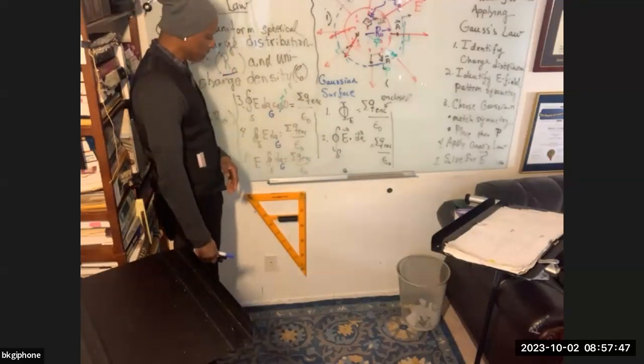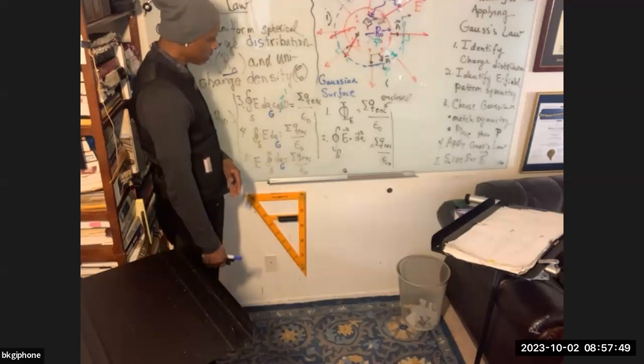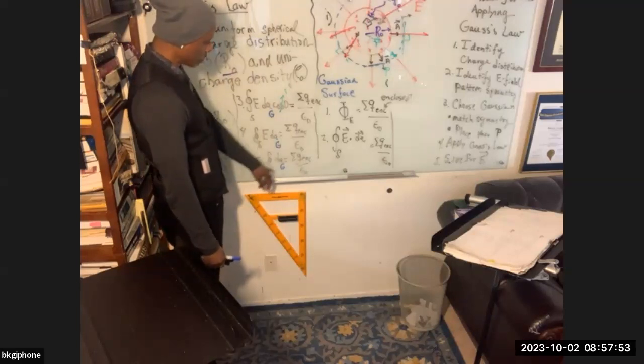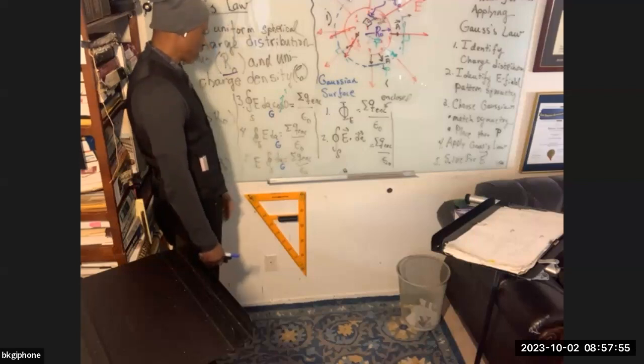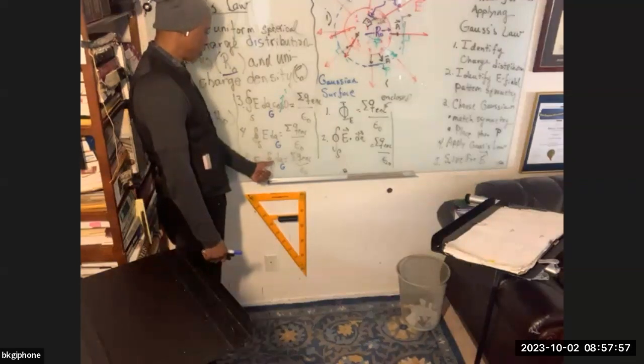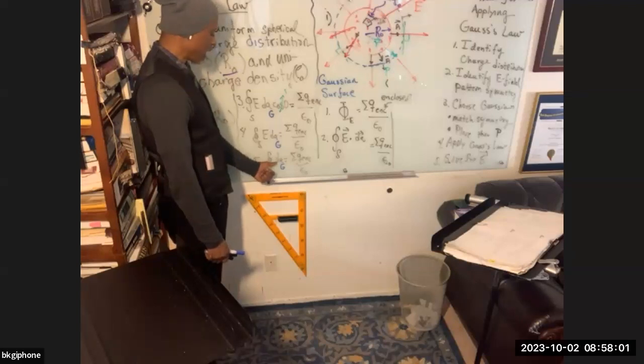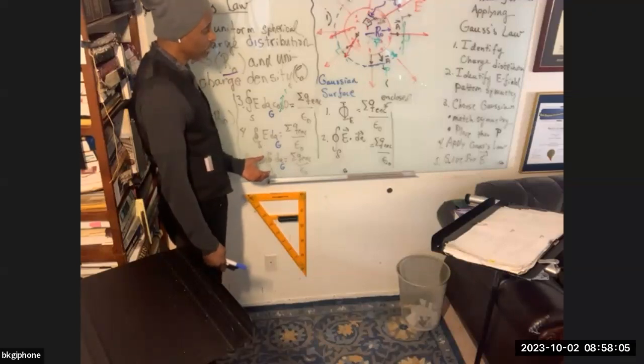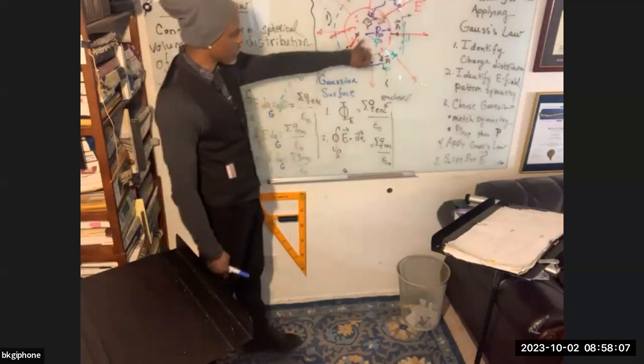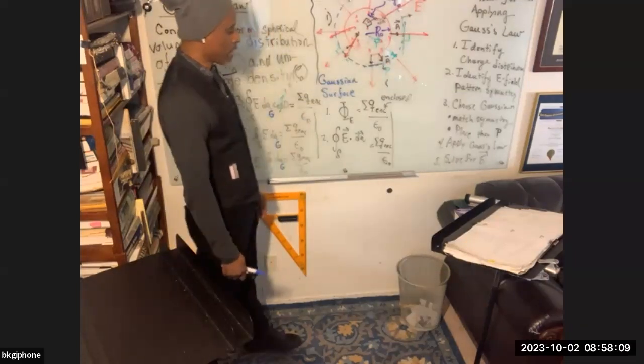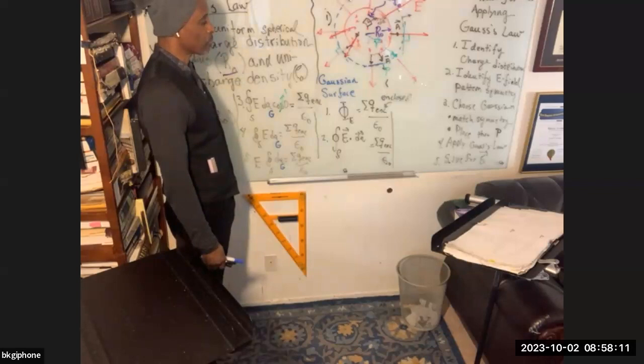But still, at this point, we still have this result here. But the integral of dA, where dA is the area of the Gaussian, is just the area of the Gaussian. And since the radius of the Gaussian is r, then the area of a sphere is 4 pi r squared.